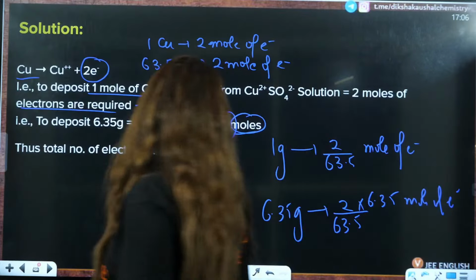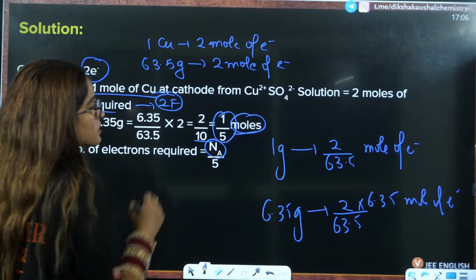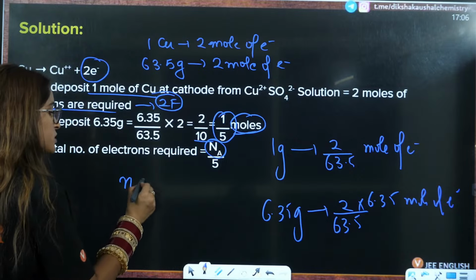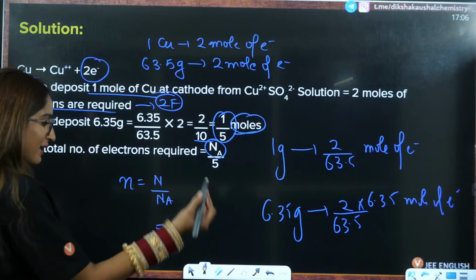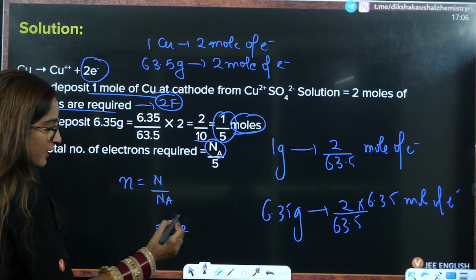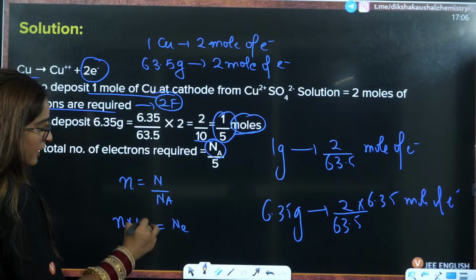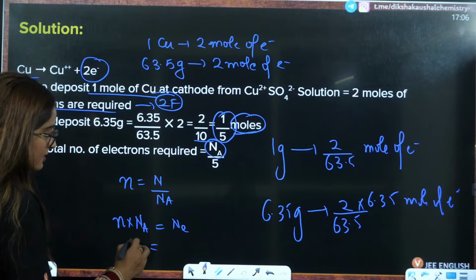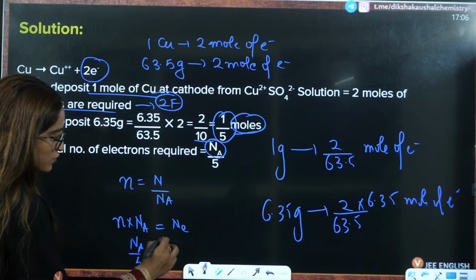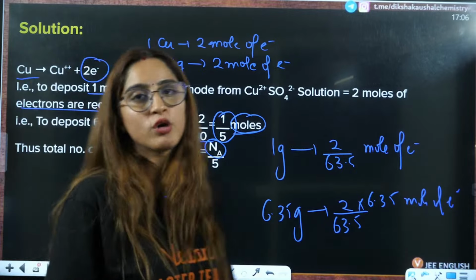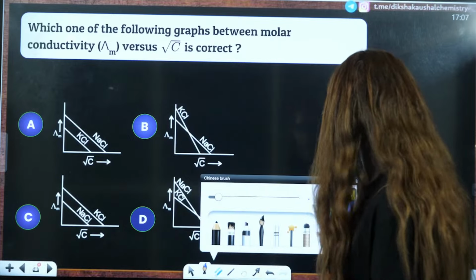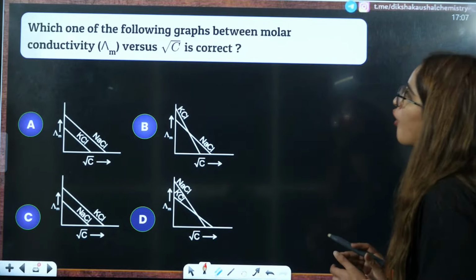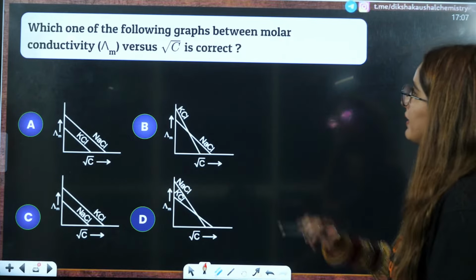So we know that moles is equal to particles divided by Avogadro's number. Here particles are electrons, so the number of electrons will be number of moles multiplied by Avogadro's number. That is Na by 5 is the number of electrons that are required here, right?